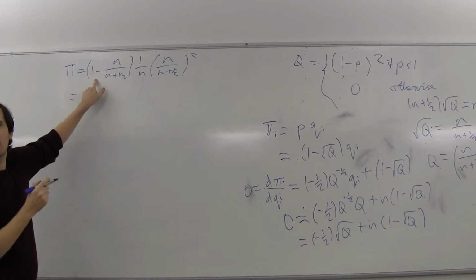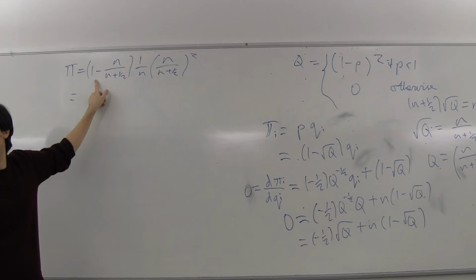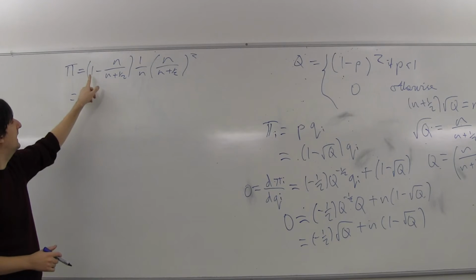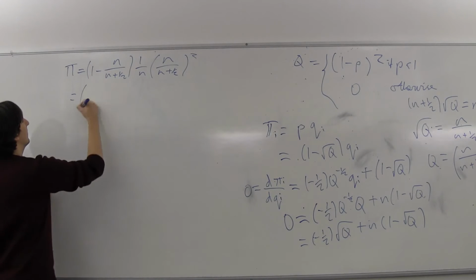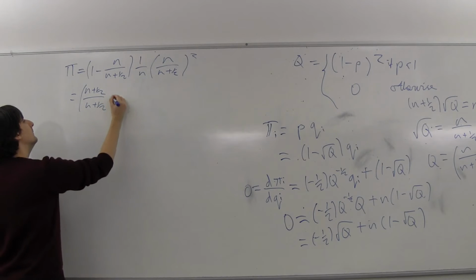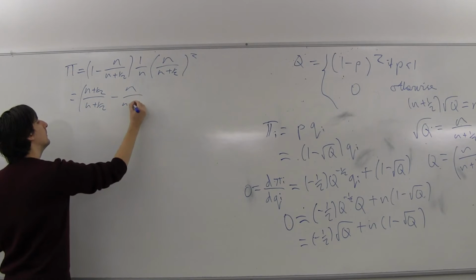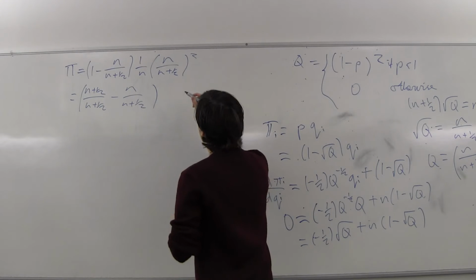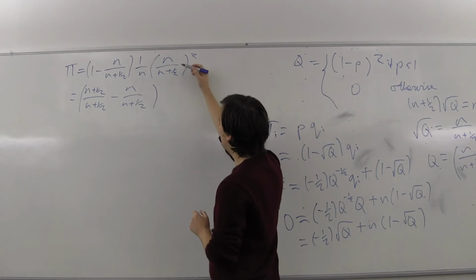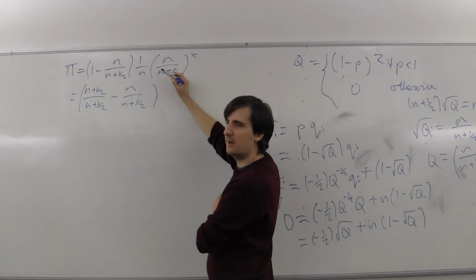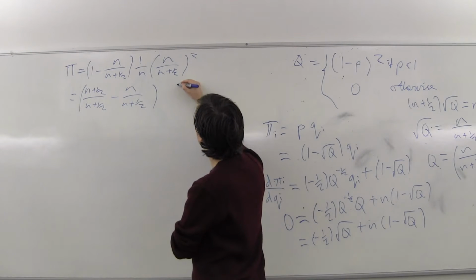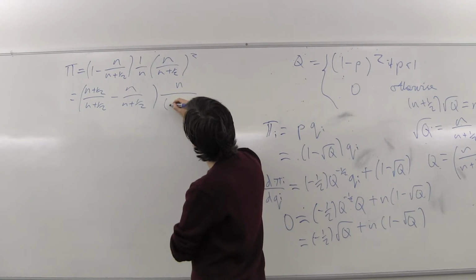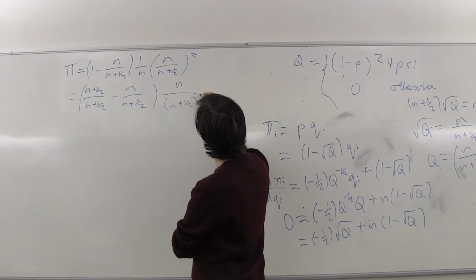Okay, what's 1? 1 is n plus a half divided by n plus a half. So we've got n plus a half divided by n plus a half minus n divided by n plus a half. And then we can separate this fraction. We've got n squared divided by n. That gives us an n. And then we've got n plus a half squared on the bottom.